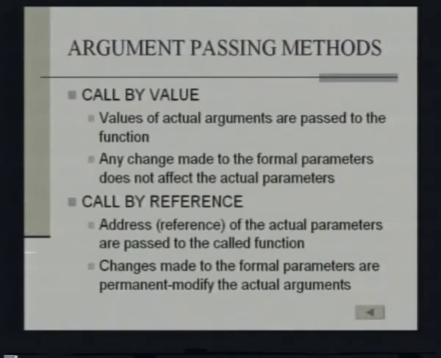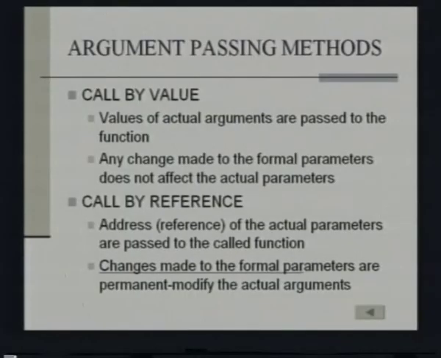Whereas in call by reference, we don't pass the value, but we pass the address or the reference of the actual parameters to the called function. Any change which is made to the formal parameters is also reflected in the actual arguments, because here we are manipulating the address of the variable and not its value.